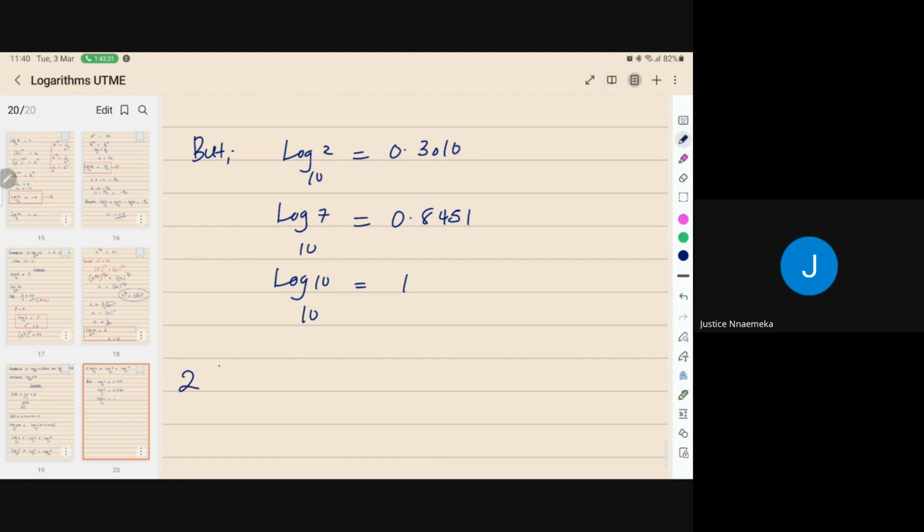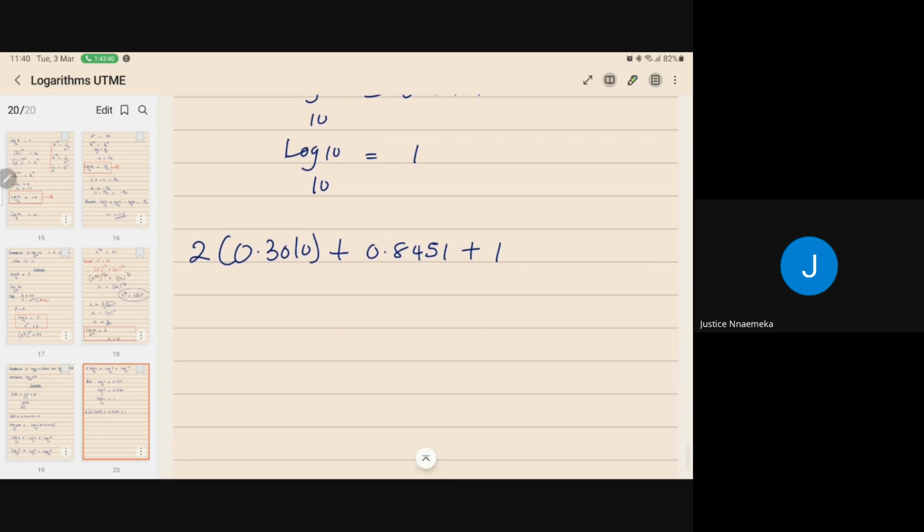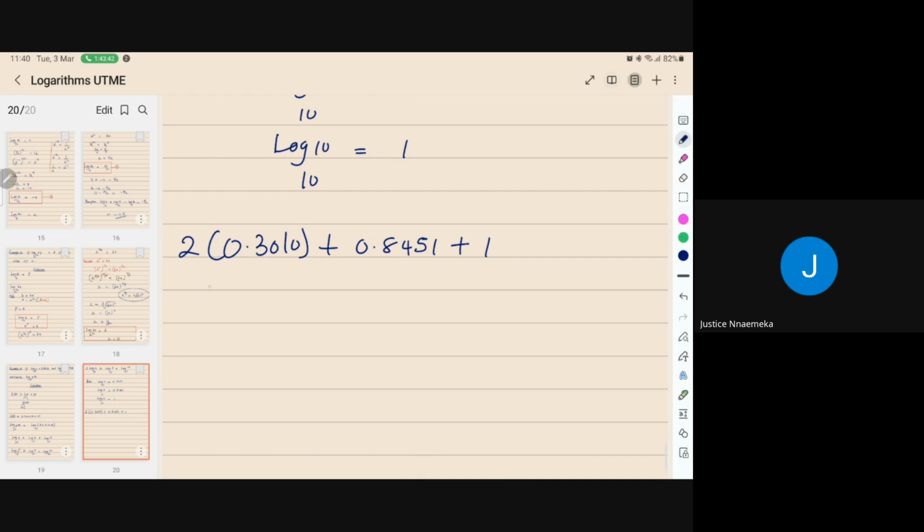I'm going to have 2 open bracket 0.301 plus 0.8451 plus 1. When I use my calculator, I get 0.6020 plus 0.8451 plus 1. If I add everything together, we should have 2.4471.